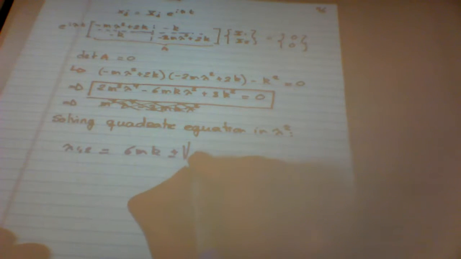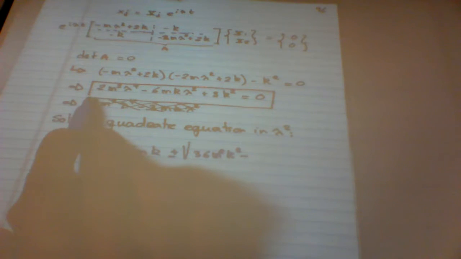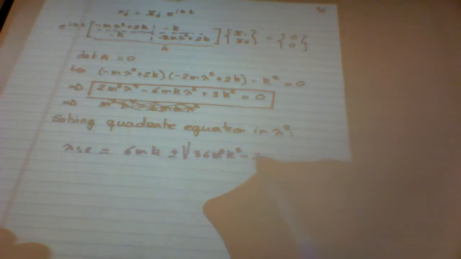36 m squared k squared minus 24 m squared k squared. That's convenient, k squared, no? Yep. Square root.